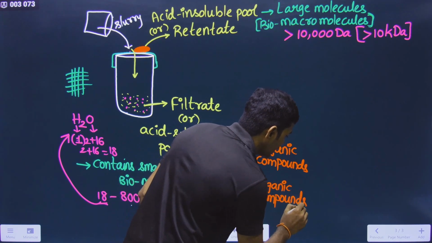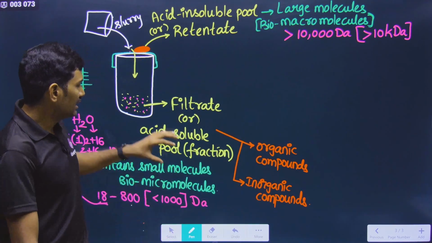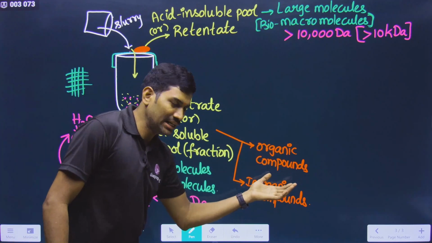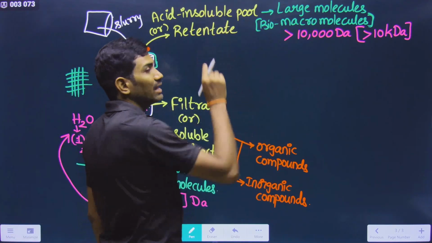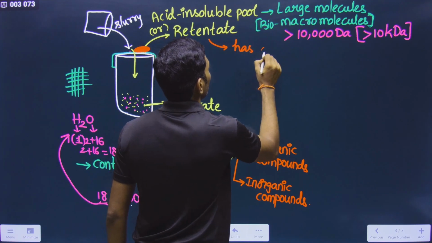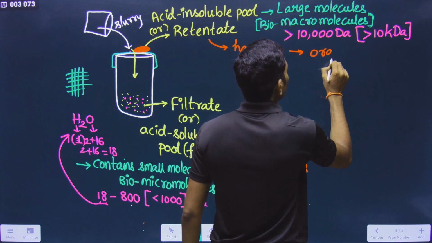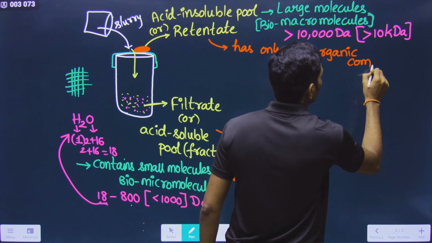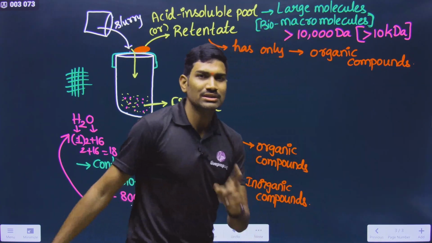This is a very important point, and many students make mistakes here. So observe carefully. The acid soluble pool has both organic and inorganic compounds. But what about the acid insoluble pool? It has only organic compounds. It does not contain inorganic compounds. Many students make mistakes here.